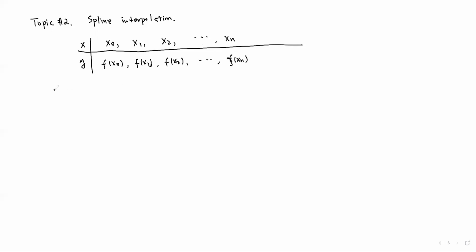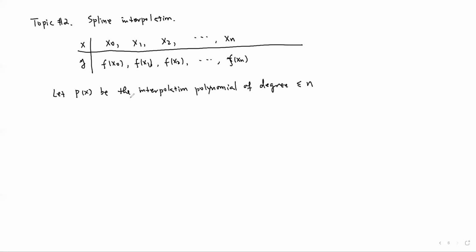And let me suppose P, this polynomial. Let P be the interpolation polynomial of degree not greater than n. Such polynomial is unique.